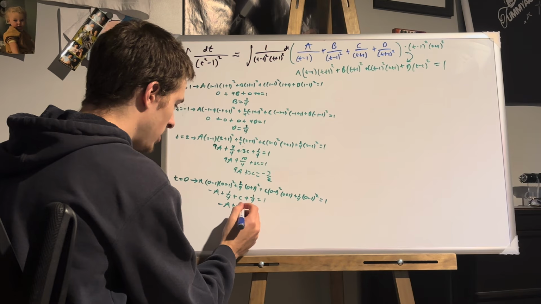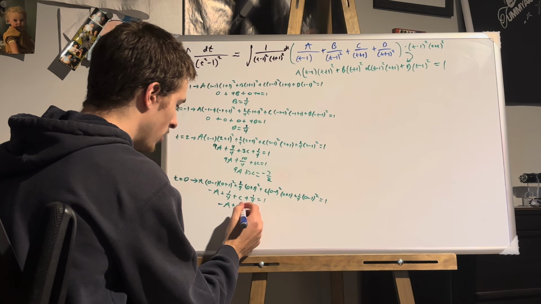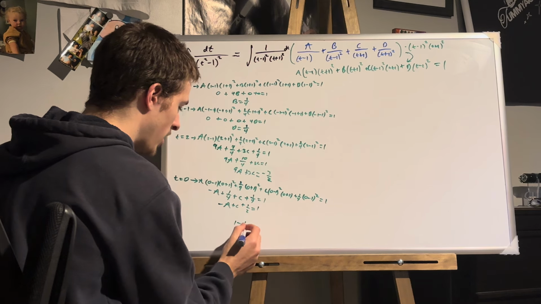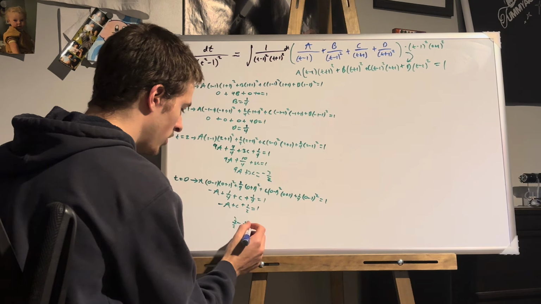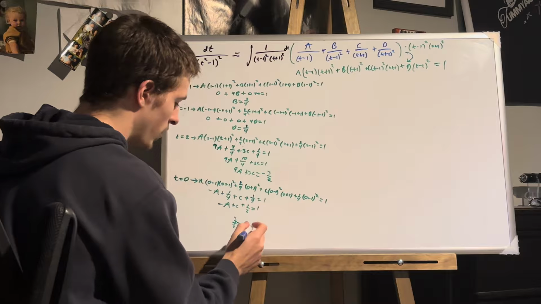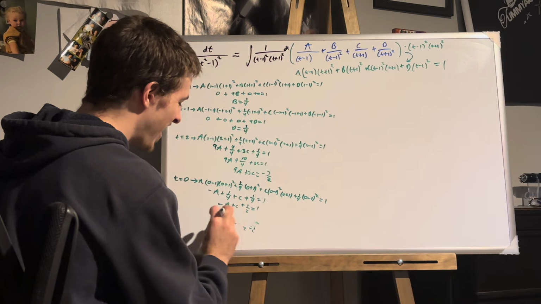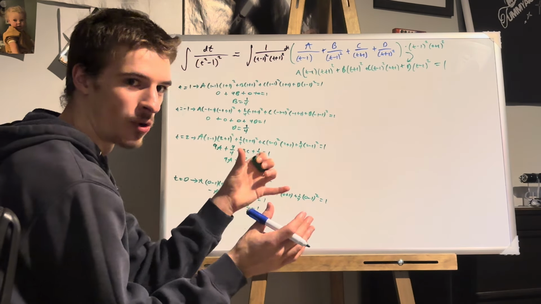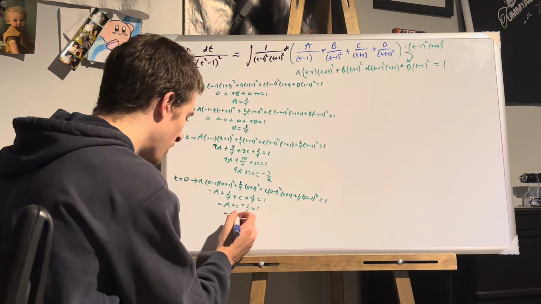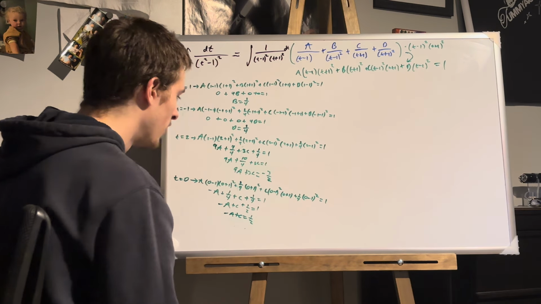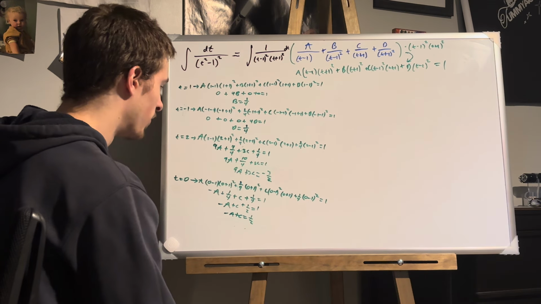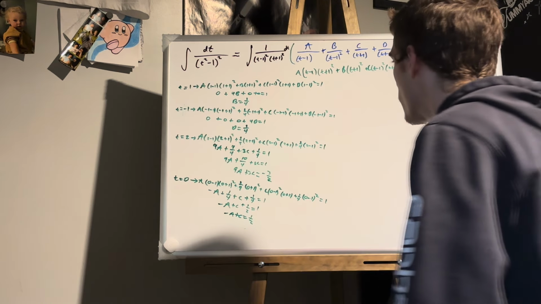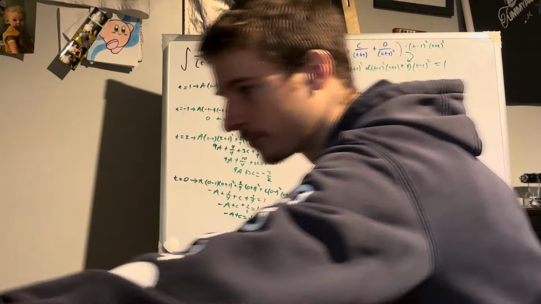So negative a plus c plus 1/2 equals 1. Okay, 1 minus 1/2. So we write that as 2 over 2. It's 1/2, right? I always write out my fractions without even thinking about it, but yes, you take half away from 1, it's going to give you half. So negative a plus c equals 1/2. Okay, we have a system of equations, because we have two equations relating two variables. So now what we can do is we can set those to each other.